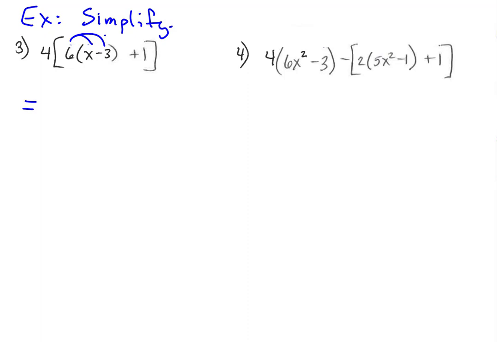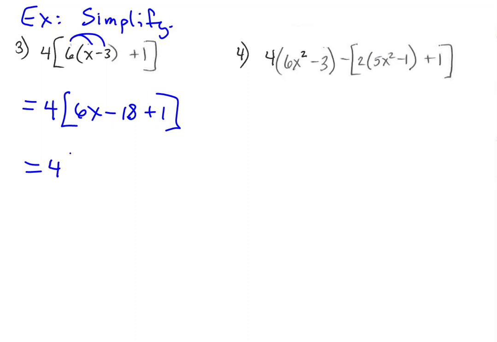It gets distributed inside the parentheses. So again, we're doing order of operations where we do the nested grouping symbols first, so we dive way inside here. If we distribute that 6 but do nothing else, we'll end up with 4, open bracket, 6x minus 18 plus 1, close bracket.